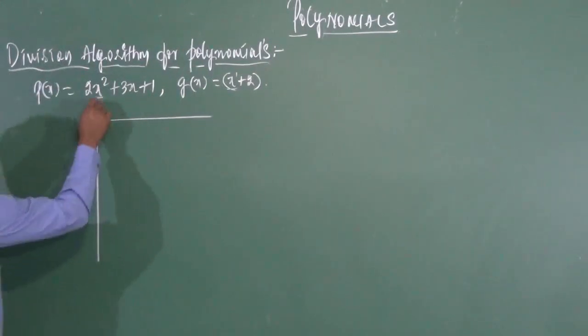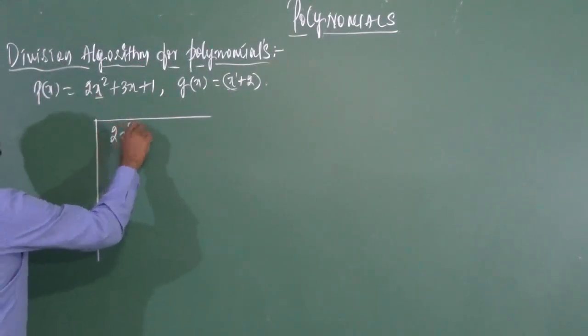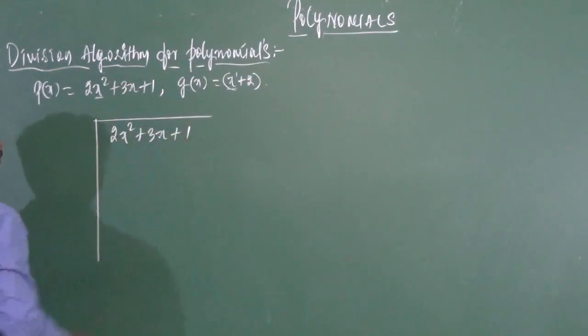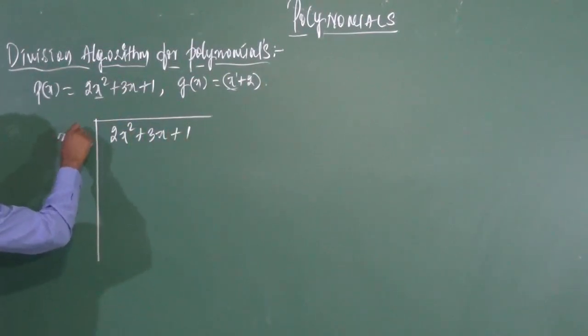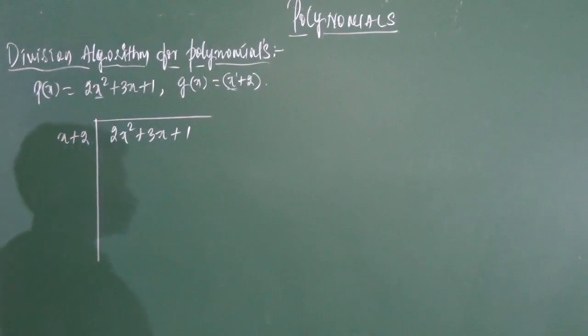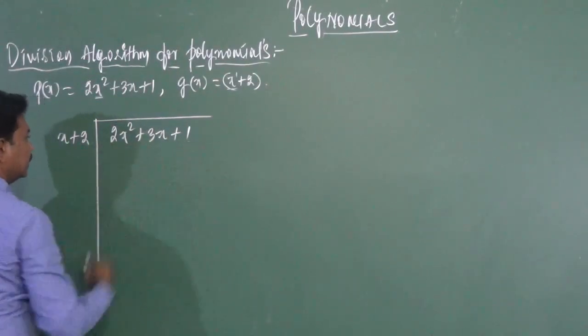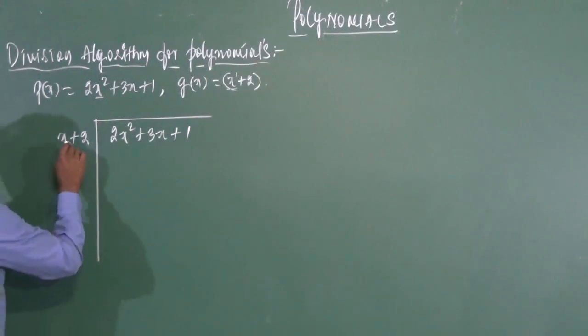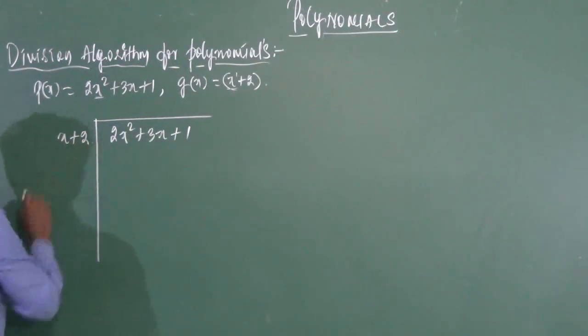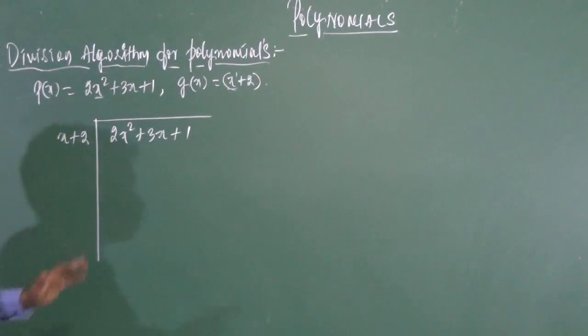Let us take this polynomial, 2x square plus 3x plus 1, and this is x plus 2, the divisor. So this is the divisor and this is the dividend. Now let us divide this p of x by this g of x. Please look at the steps very carefully, look at the algorithm very carefully so that we can reach the desired result.